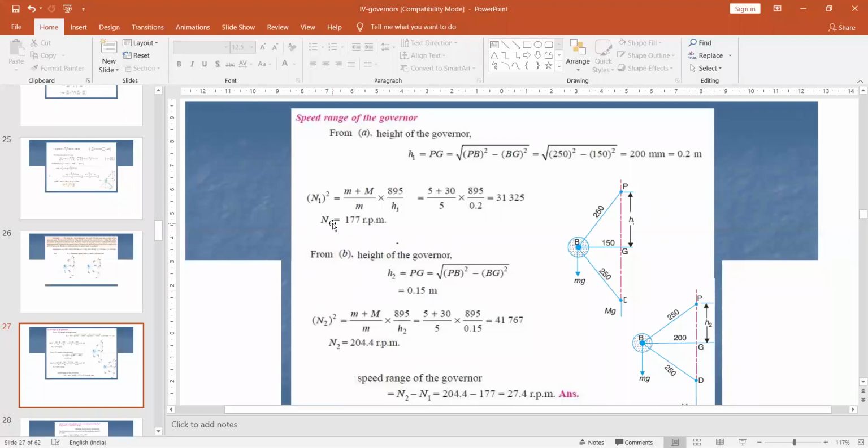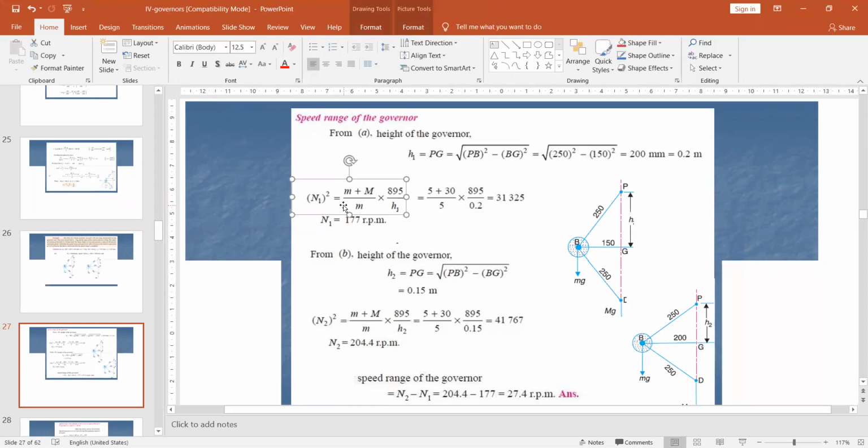Now N1 square equals (small m plus capital M) by small m into 895 by H1. Substituting the given values, small m is 5 and capital M is 30, so (5 plus 30) by 5 into 895 by 0.2.